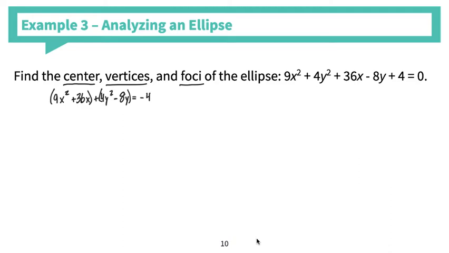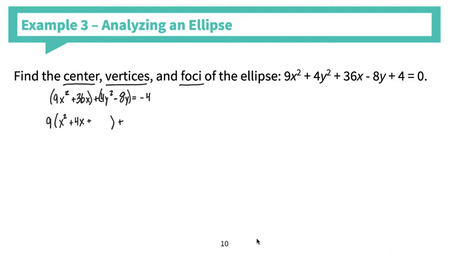Completing the square doesn't work well when you have another coefficient. So I'm going to factor out this 9. And when I do that, I'm going to be left with x squared plus 4x. And I'm going to do plus and leave a space because I know I need to complete the square there. I'm going to bring down that plus.